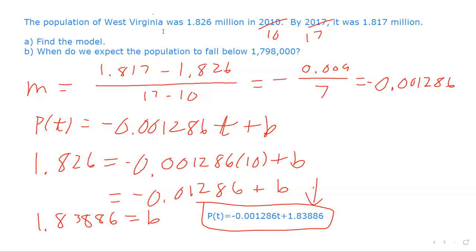Now let's use that equation. And we want to figure out when our population is 1,798,000. But we have to write it in the correct way. So it's 1.798.